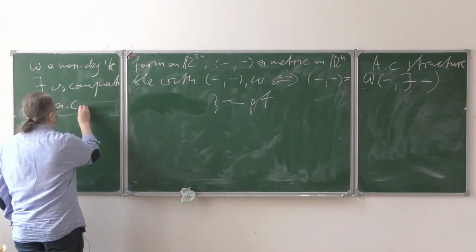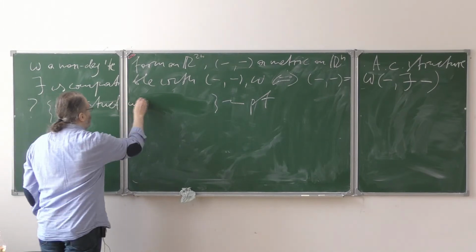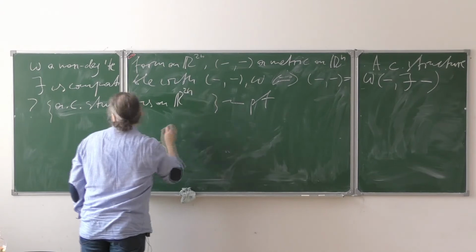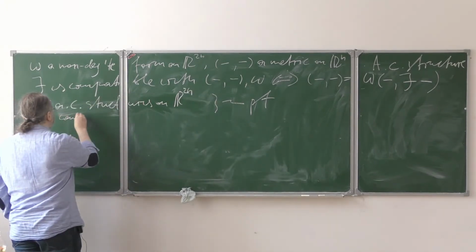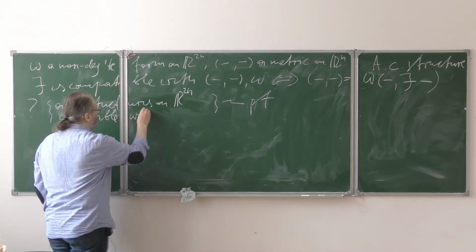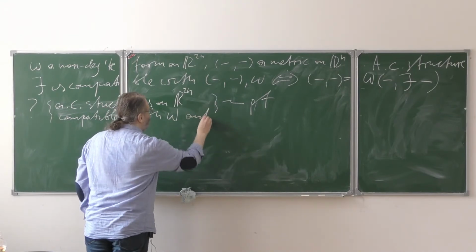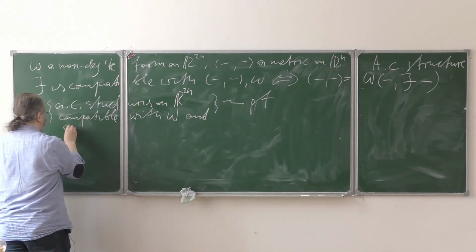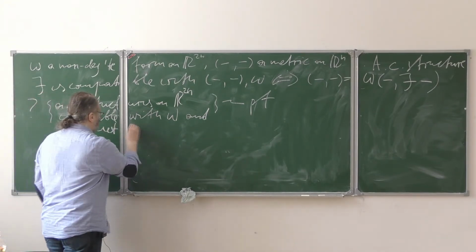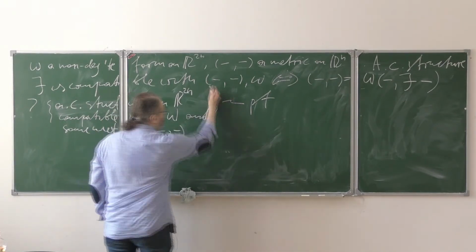So almost complex structures on R^2n compatible with omega and some metric.